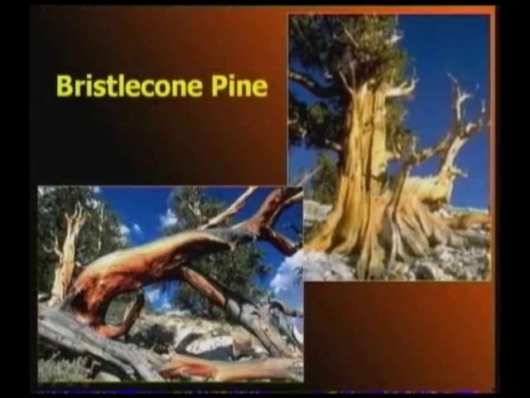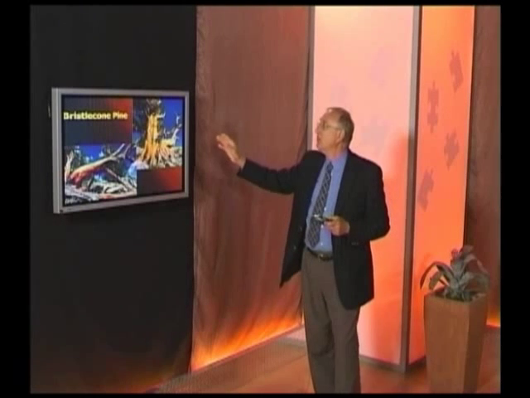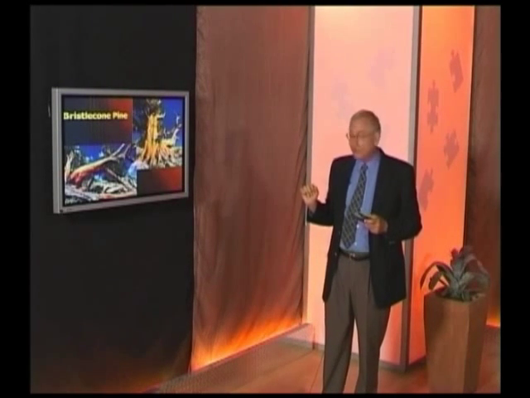Here we have the bristlecone pines. These are supposed to be the oldest trees on the planet. Some of these are dated considerably older than the 4,000 to 5,000 years since the flood. But then again, with bristlecone pines, you cannot tell the date exactly. It's very difficult because the rings are not very distinct.